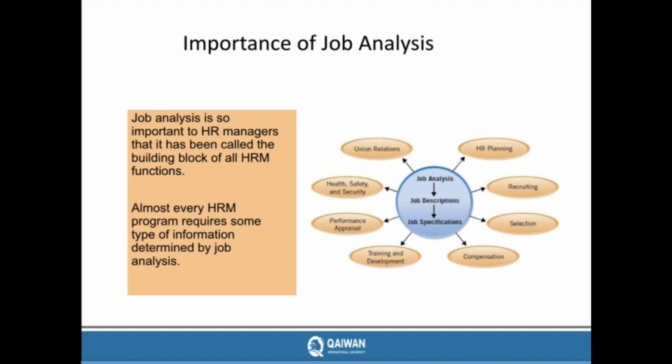And now, after understanding job analysis, and after we talked about the job description and job specification, there's one very important question: why is all of this so important in HRM? So what is the importance of job analysis?